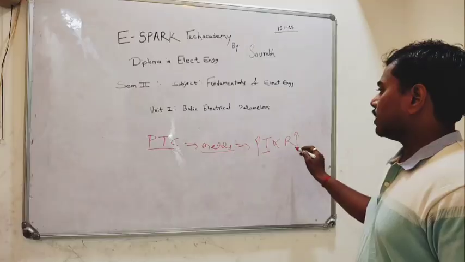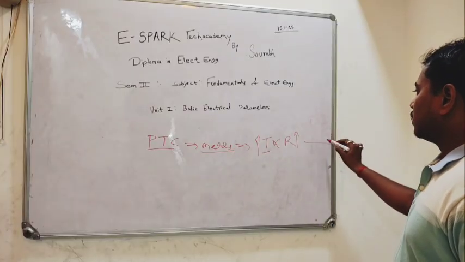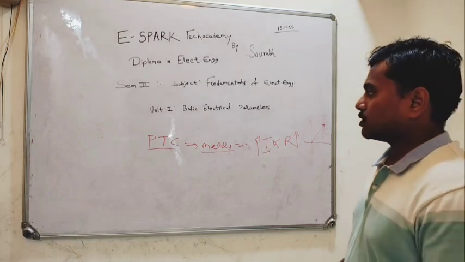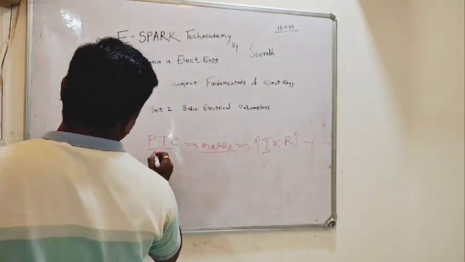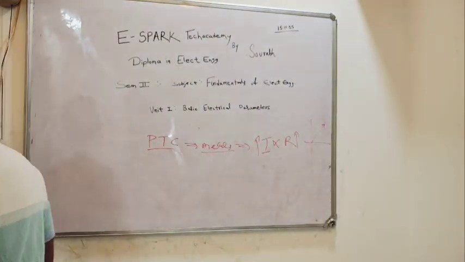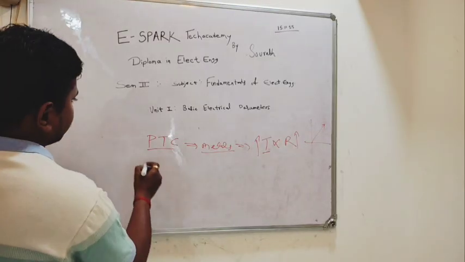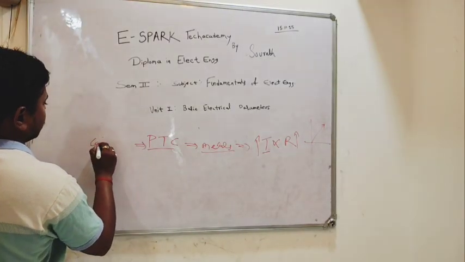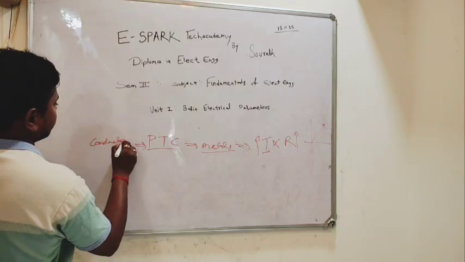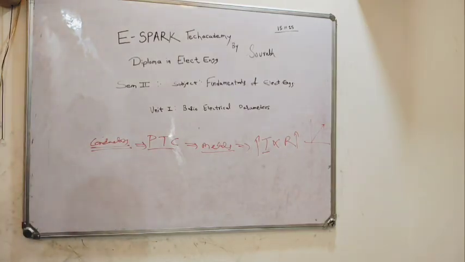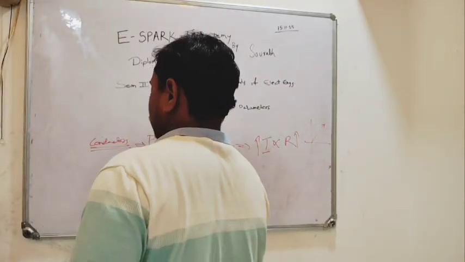Temperature will be directly proportional to resistance. That's why we are saying it is a positive temperature coefficient. Now, for conductors this will be suitable, because conductors are nothing but the metals, you can say.